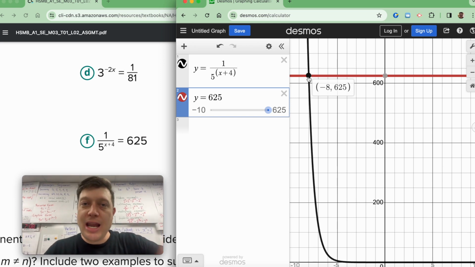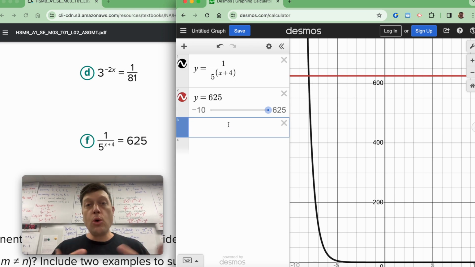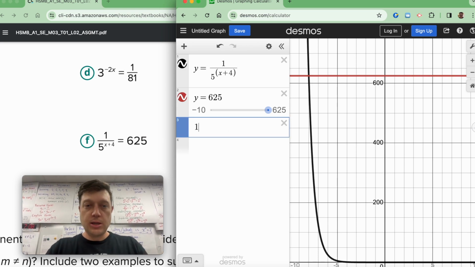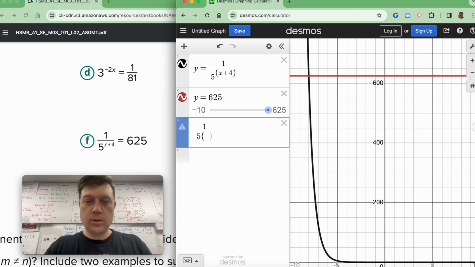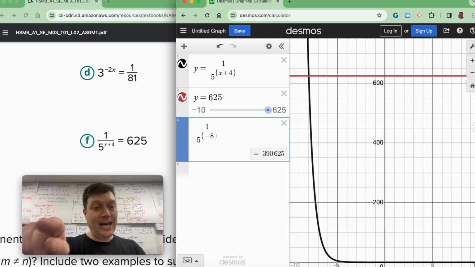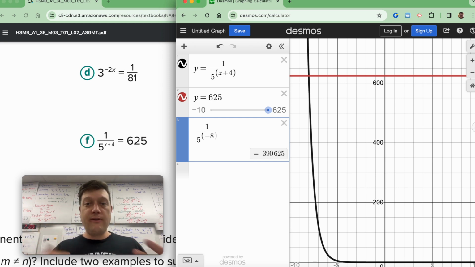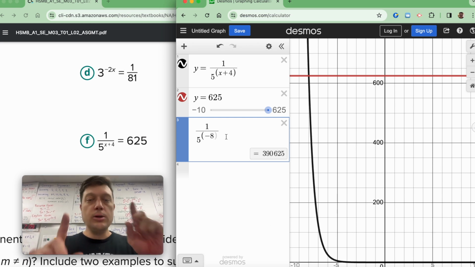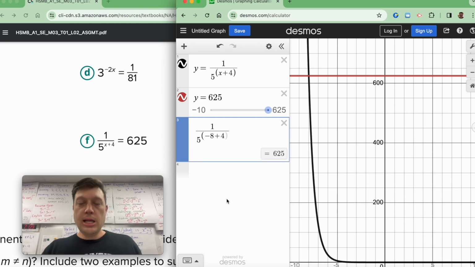If you take that negative 8 and put it into 1 over 5 to the power of x plus 4, it says the solution is negative 8. It's that x coordinate right there. You can see on the x-axis that it's negative 8. Don't forget the plus 4. The answer we get is 625.